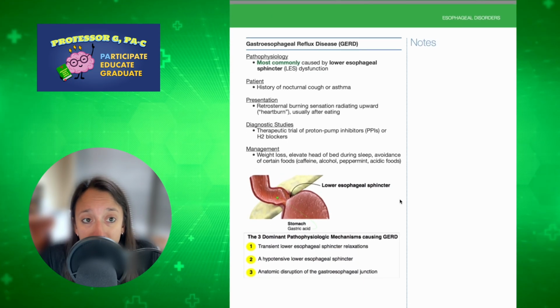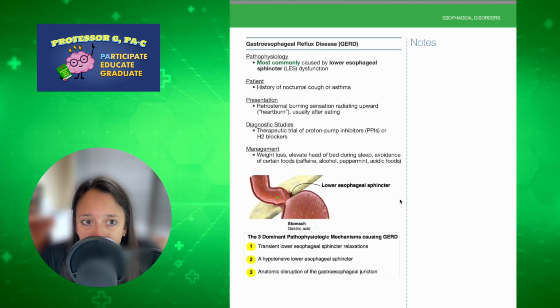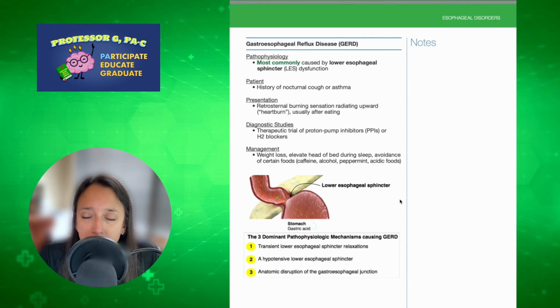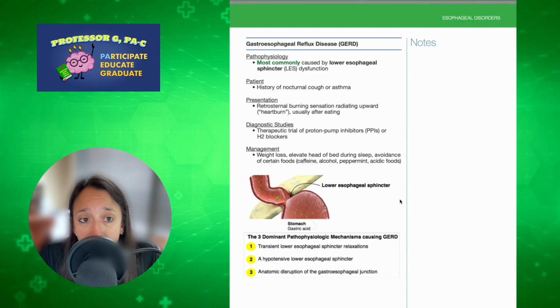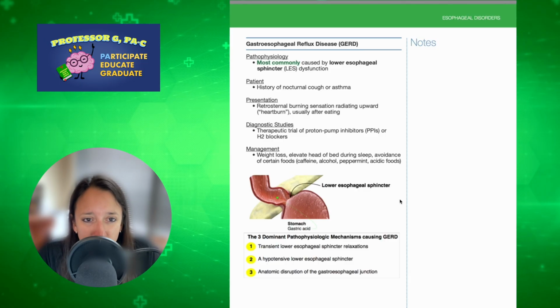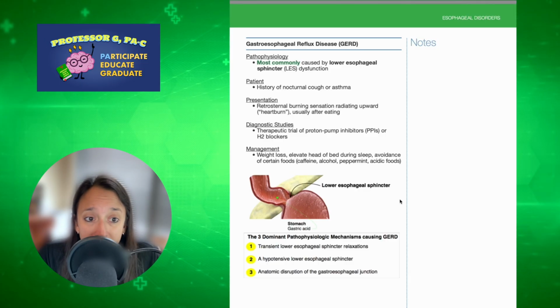GERD, super, super common. Reflux, heartburn, most commonly caused by that lower esophageal sphincter, which is not functioning correctly, not closing off the stomach. So we get backsplash of acid up and into the esophagus, which burns. They'll often have associated nocturnal coughs, burning in that retrosternal area, especially after eating or laying down after eating.